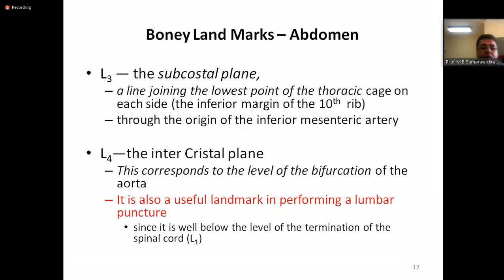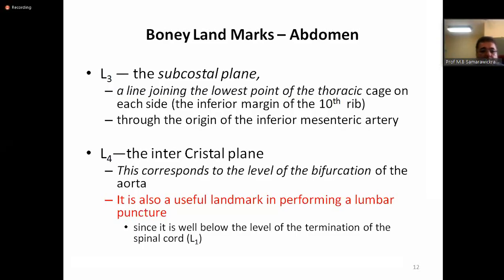Lumbar puncture is a procedure where we insert a needle into the subarachnoid space in the spinal canal to take cerebrospinal fluid, right? So you have to do that below the level of the spinal cord, right?